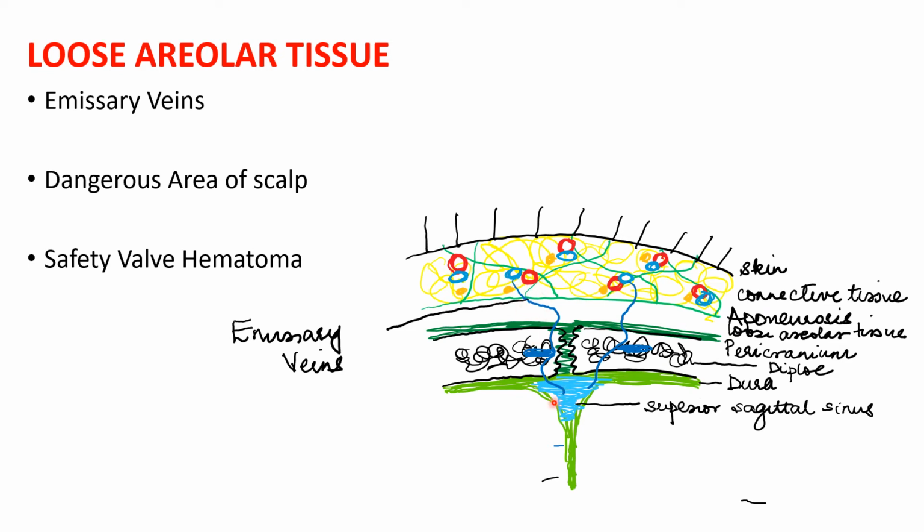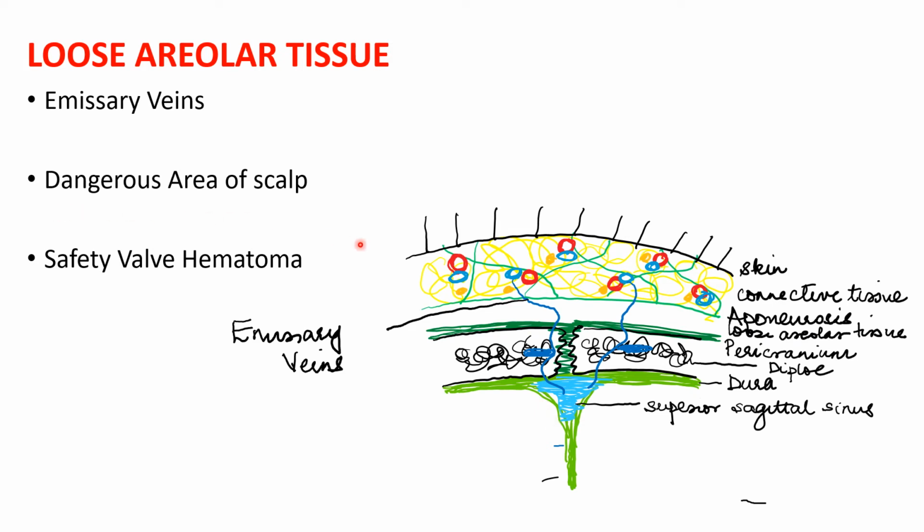However, not only can the blood move, infections of the scalp, the inflammations which we talked about, can move from the extracranial route via these emissary veins into the intracranial veins, and that is, an infection from the outside has reached inside the cranial cavity, and you can imagine how hazardous this could be.